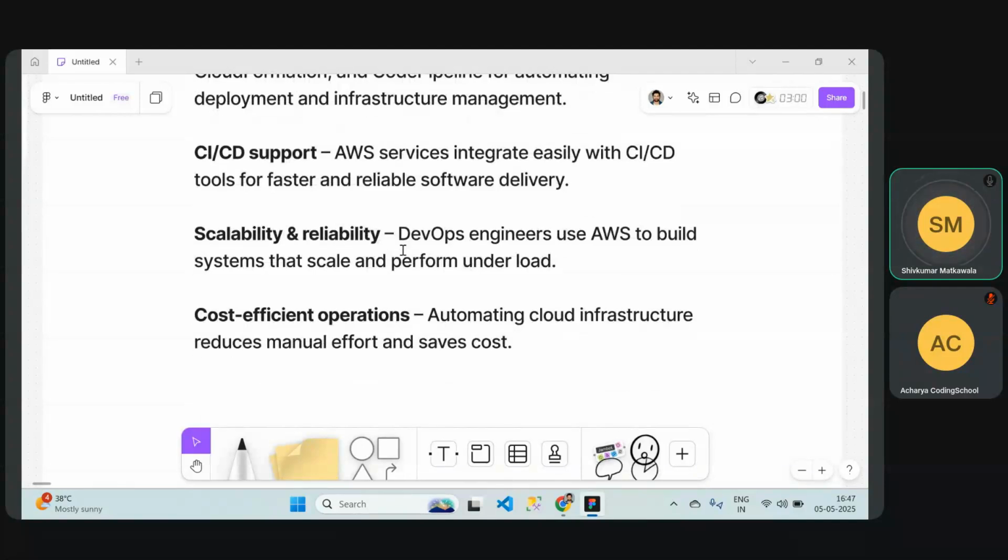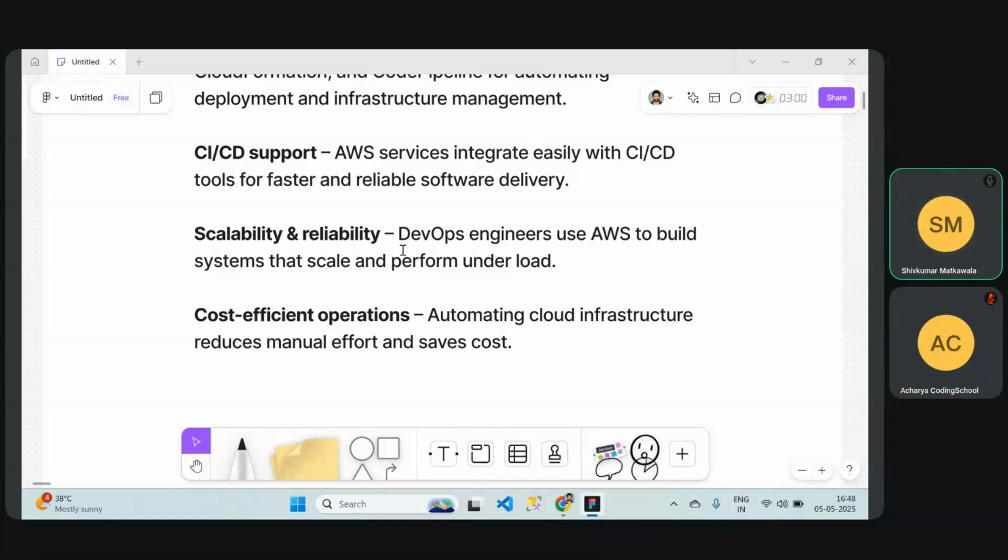Scalability and reliability. See, while working in real time, at a particular moment you need so many resources, and at another moment you do not need even a single resource. This fluctuation, this uncertainty, can be handled with the help of cloud, because you're paying only for what you're using and for the period you are using.